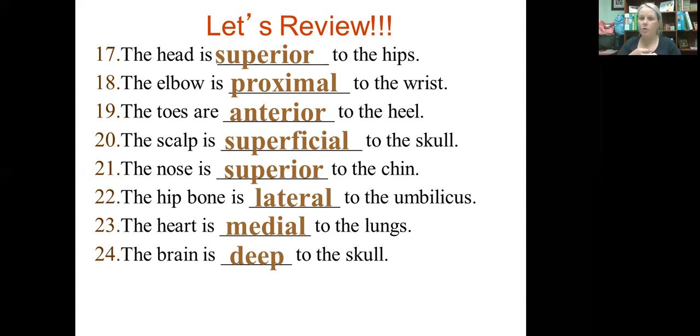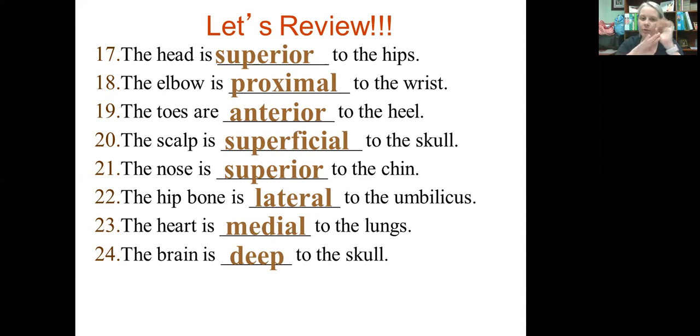Now, there might be one where I would say the sternum is anterior and superficial. So I might put both answers in there, but you would not have to question. I would not have like letter A as superficial, letter B as anterior, and make you choose between the two. Okay, so you should have one answer for each of those.